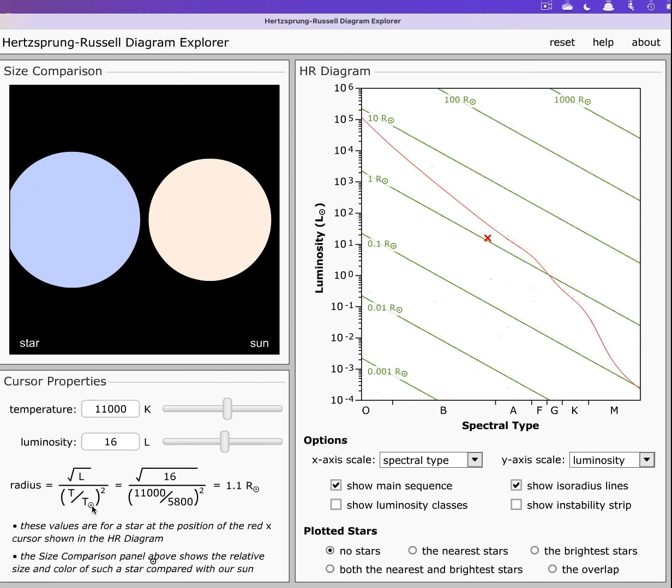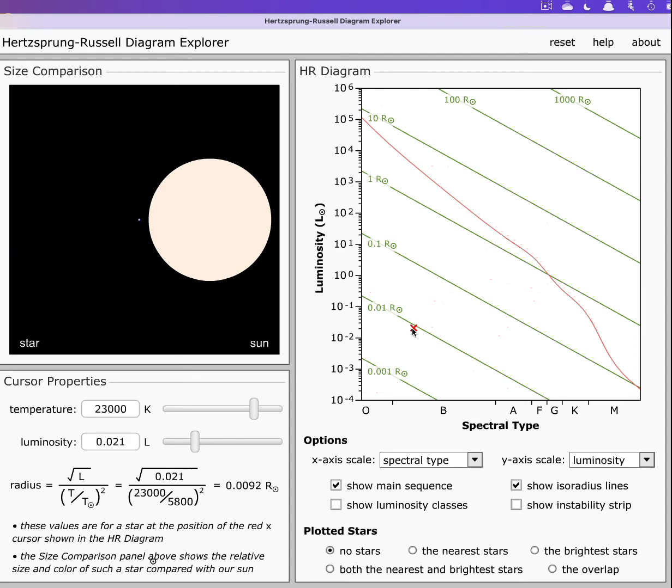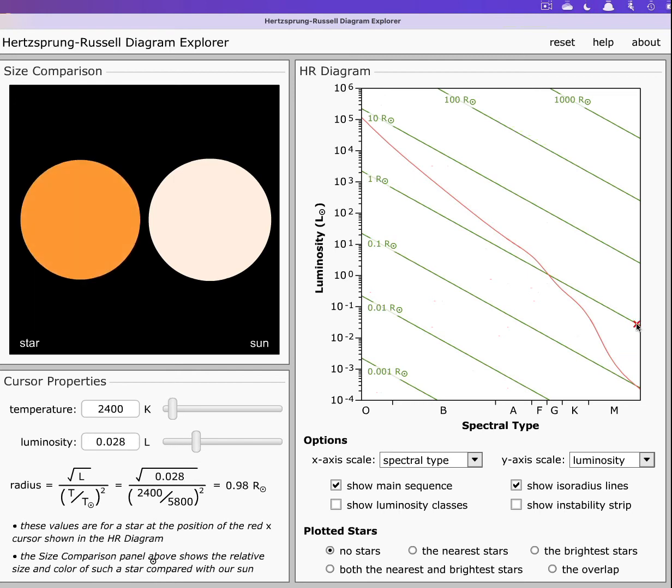Remember that sigma T to the fourth is the luminosity. L equals sigma T to the fourth. It also equals 4 pi R squared times that. So it's not just the temperature along the x-axis. It's also these diagonal green lines for solar radius factor. Any star along this green line here is the same size as the sun, one solar radius.